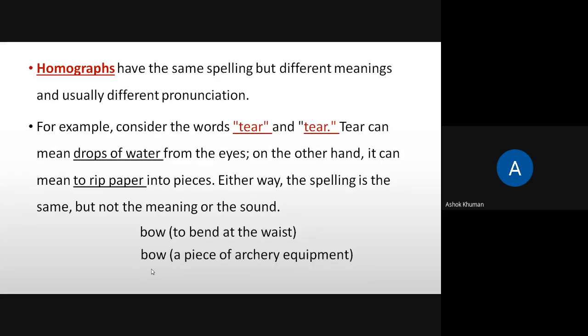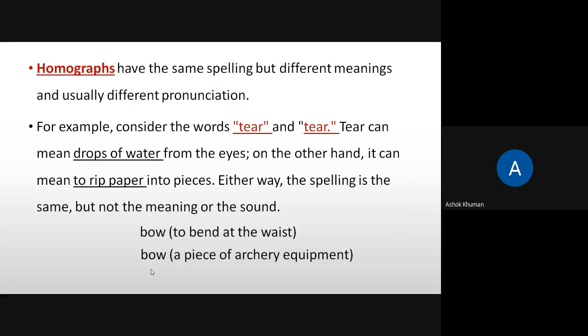Bow means a weapon. Bow is also a verb, an action, bending down from the waist, genuflex. We do it at the temple or when we touch the feet of our parents or elders. So I hope that homophones and homographs are clear.